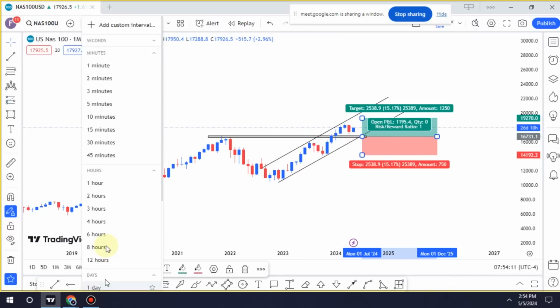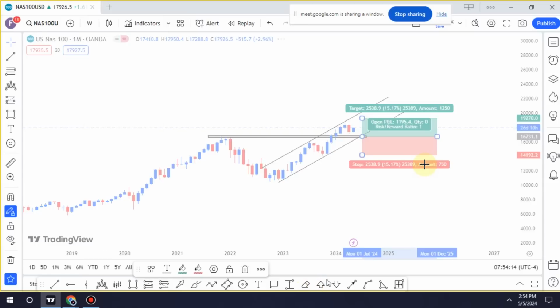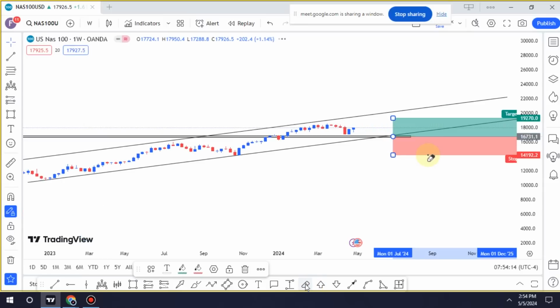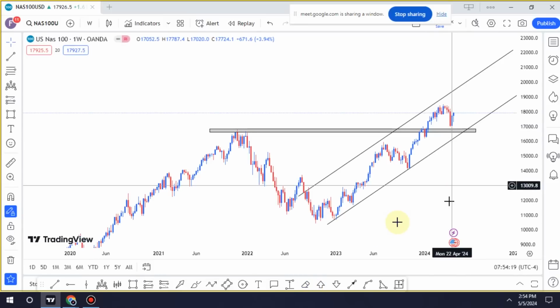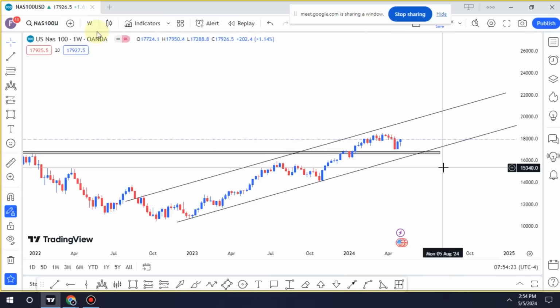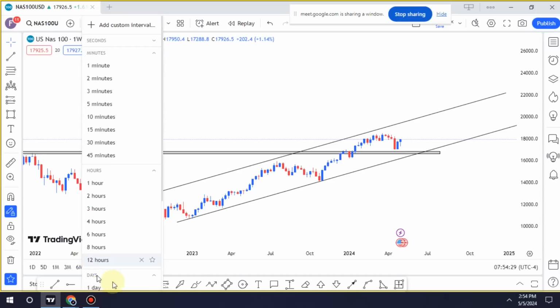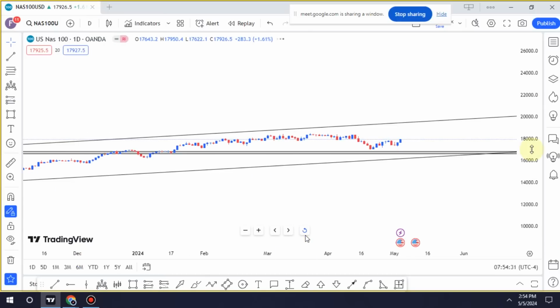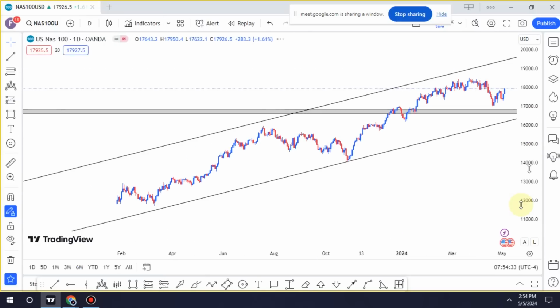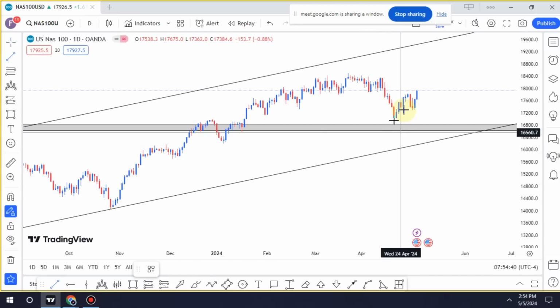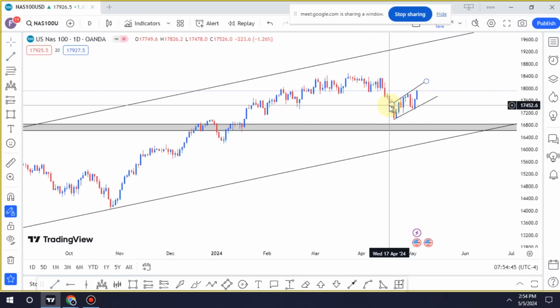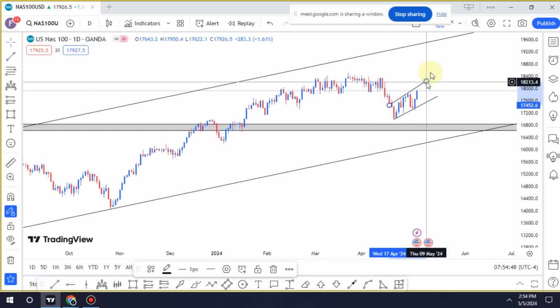So let's go to the weekly now. Already kind of see that the market touched, then it's going up, but let's go to the daily. This kind of a continuation pattern, I might call this a bearish flag, something like this, right?